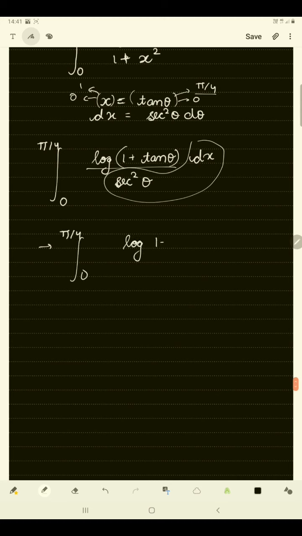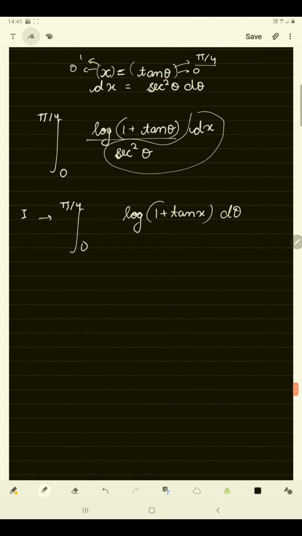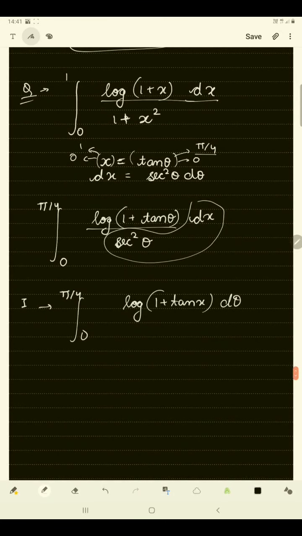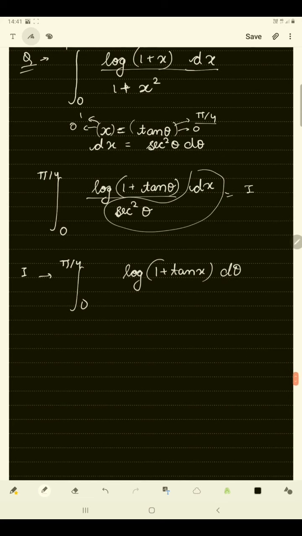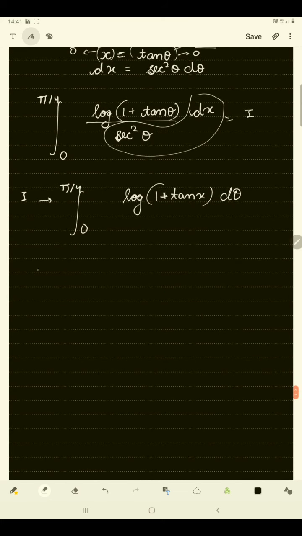So log of 1 plus tan theta d theta, this is equal to I, and we had I like this also. So now, just to apply this, we can actually just use the King's property straight. So we get I again over here, log of 1 plus tan of pi by 4 minus theta.